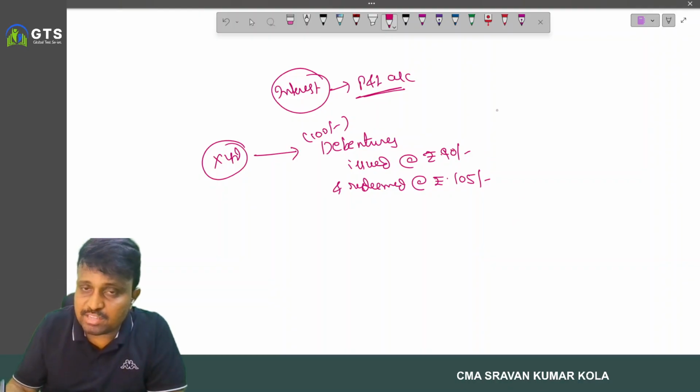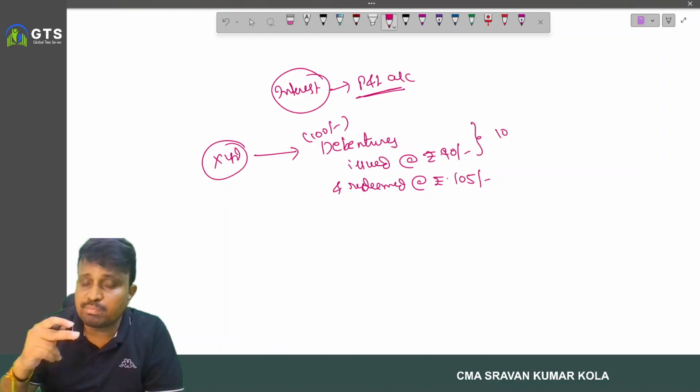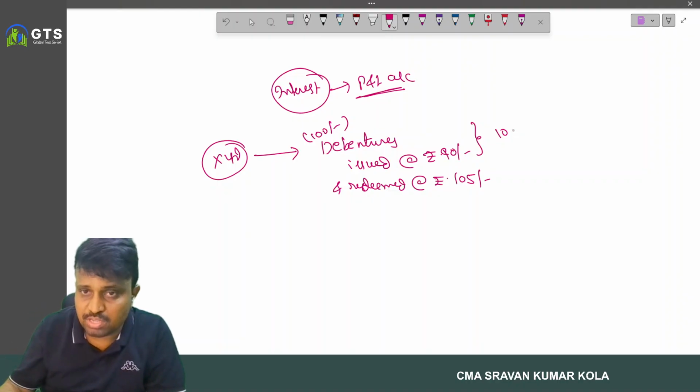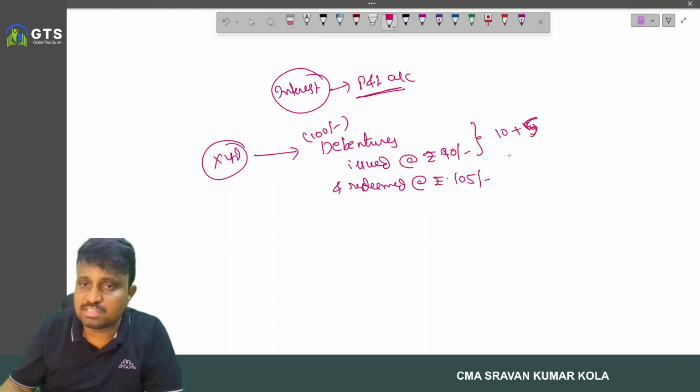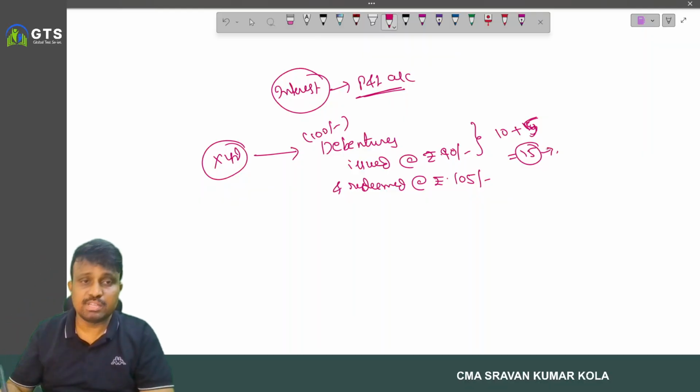Here the discount at the time of issue of the debenture is 10 rupees, nothing but 100 minus 90. And the premium on redemption of the debenture is 105 minus 100, which is 5 rupees, because we are paying excess. That is also a loss to us. So 10 plus 5 is 15 rupees, and this 15 rupees is generally treated as a loss on issue of debenture.